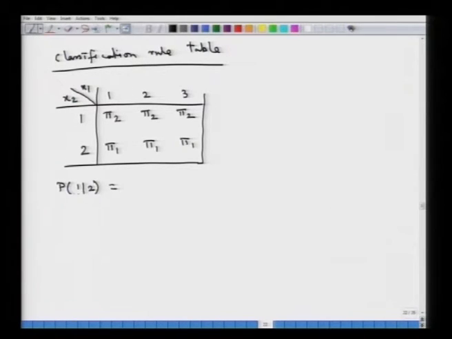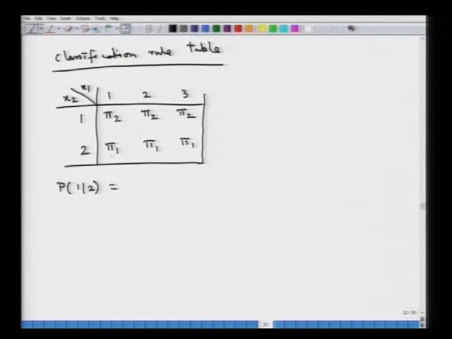This is the probability of an observation coming from the second population being classified into the first population. So, under these three pairs, if an observation really is coming from the second population and we by mistake put it into the first population, we are going to be penalized, and that is a probability of misclassification.